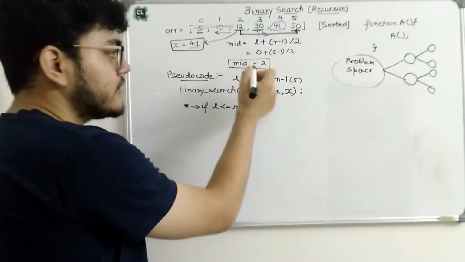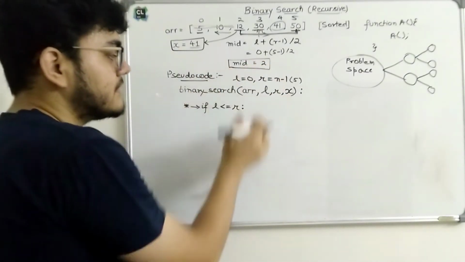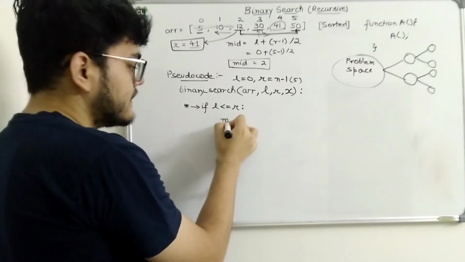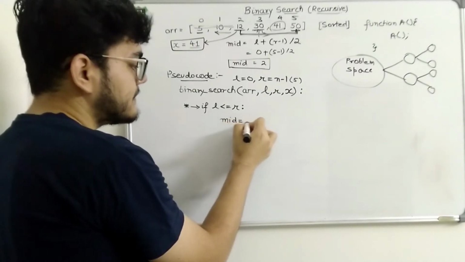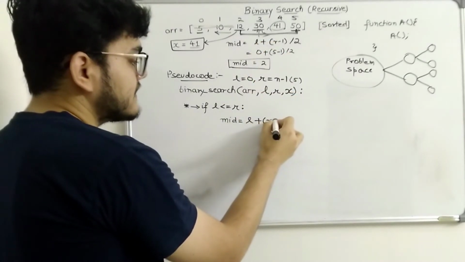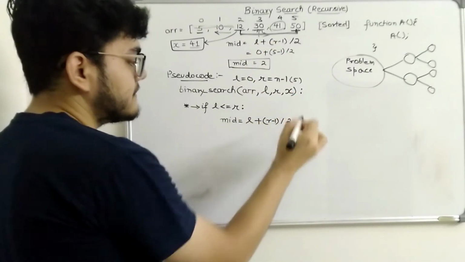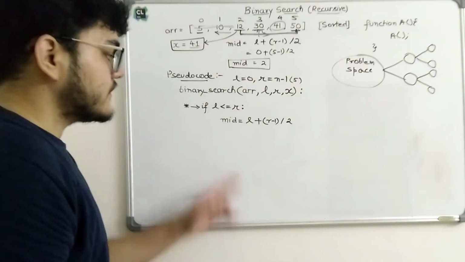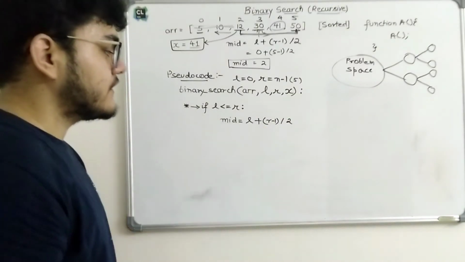Now the first step is to calculate the middle position. To calculate the middle position, we will just write this simple formula, which is L plus R divided by 2. So now I have calculated the value of mid.